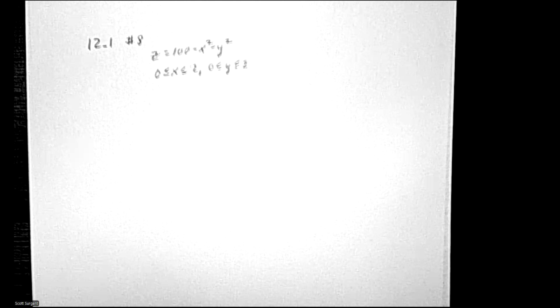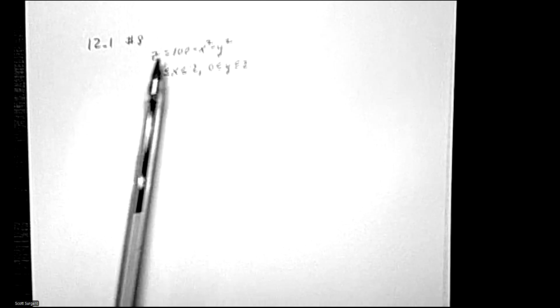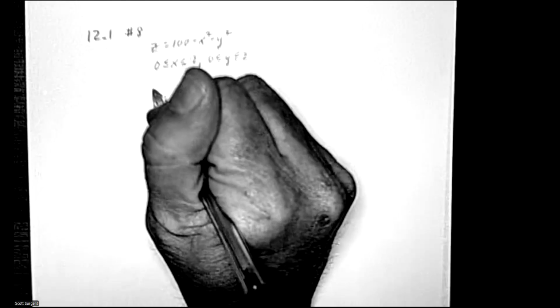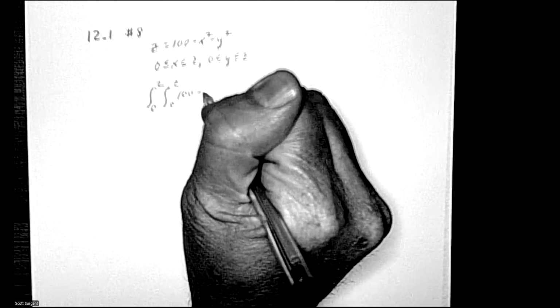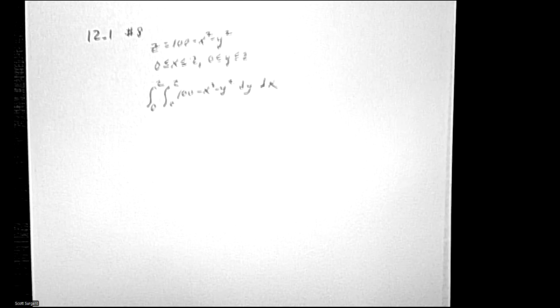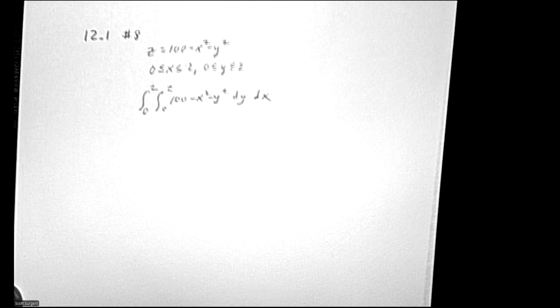So the only difference is yours, what was your number here? 25. But if we go through it with 100, it'll be the same thing. It's going to be a nice easy square. It'll be 100 minus x squared minus y squared dy dx, 0 to 2, 0 to 2.